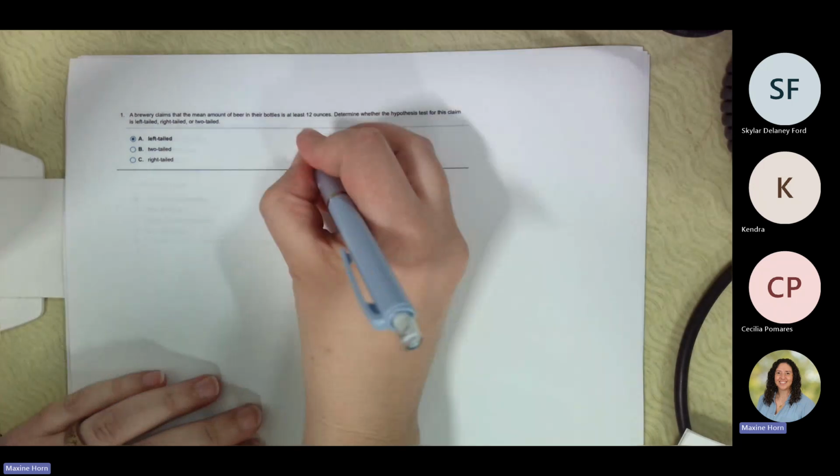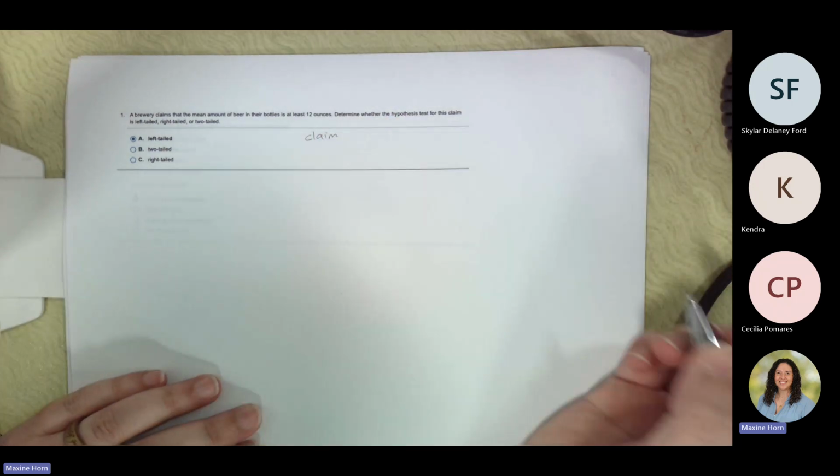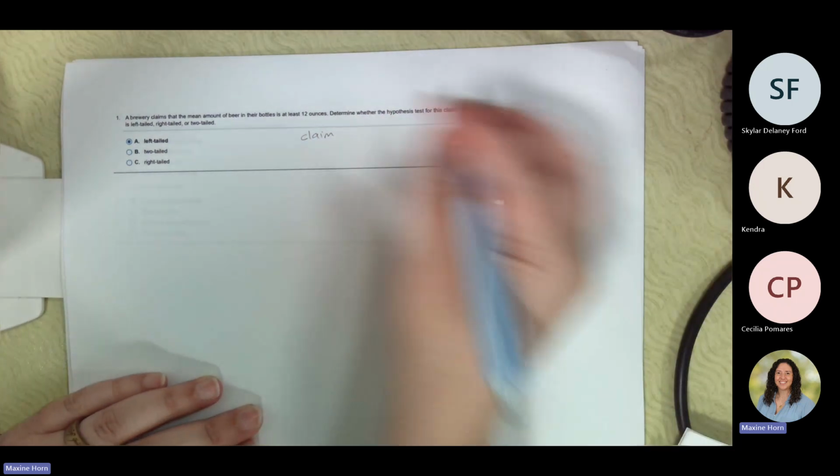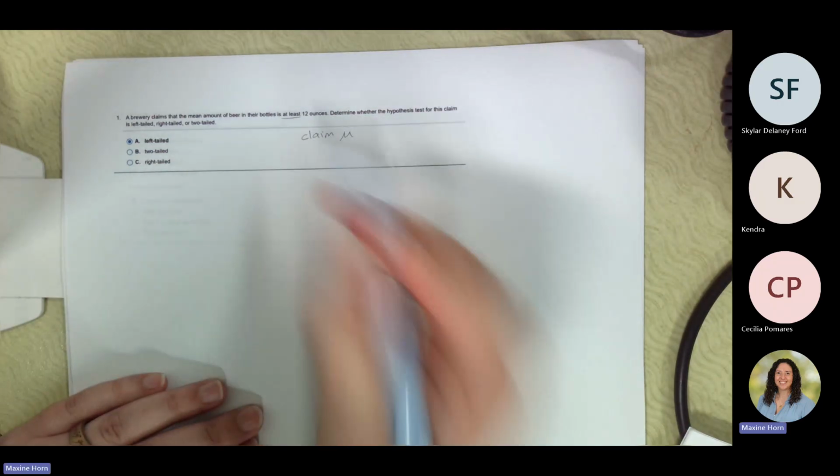A brewery claims that the mean amount of beer in their bottles is at least 12 ounces. Determine whether the hypothesis test for this claim is left-tailed, right-tailed, or two-tailed. The first thing you're going to do is write out in symbols what the claim was. They said that the mean amount of beer in their bottles is at least 12 ounces.